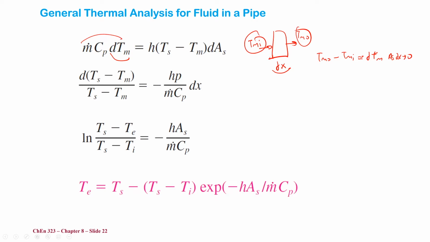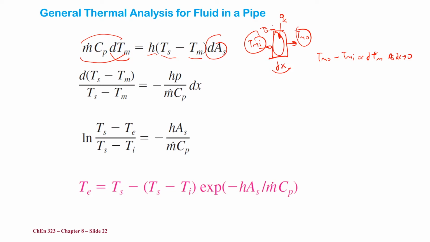Okay? So that means m cp delta T is the amount of internal energy change in the system, and that has to be balanced by the convection: h multiplied by Ts, the pipe surface temperature, minus Tm, multiplied by the surface area. And I can rearrange this equation. I'll be doing a trick here.